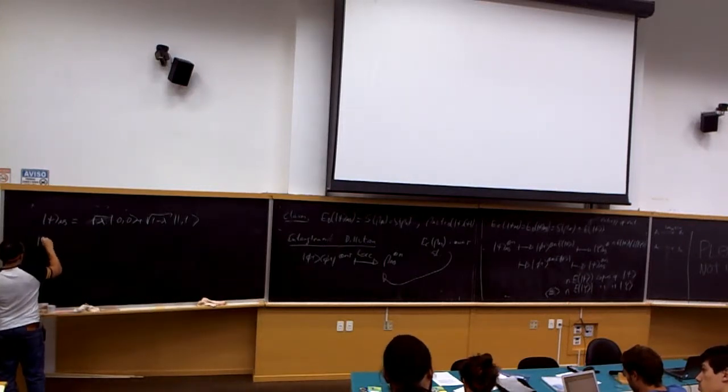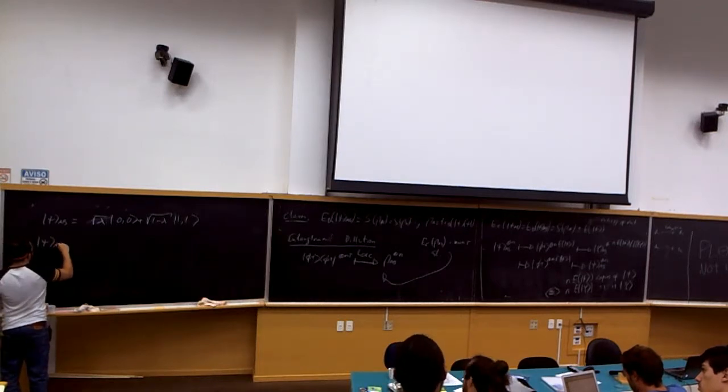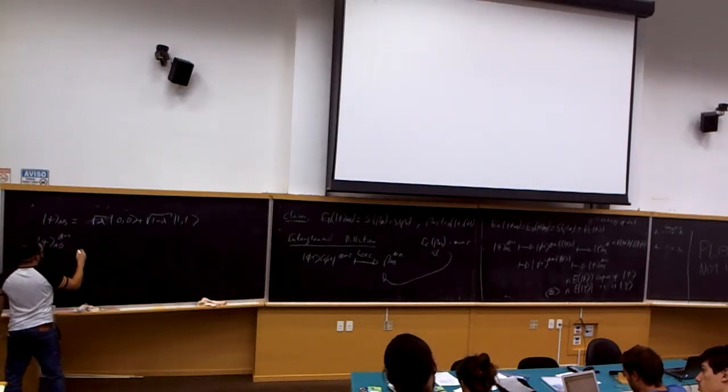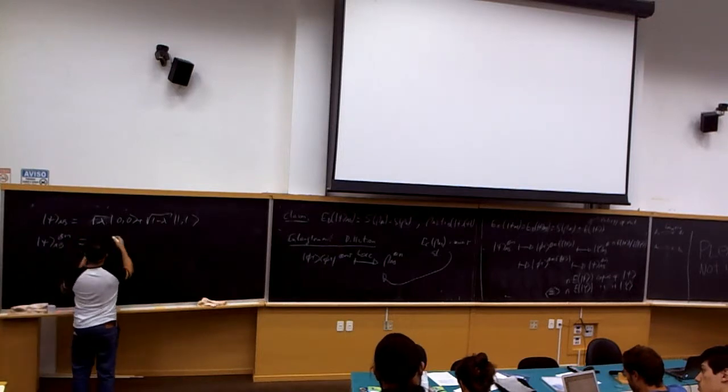So it means that we have many copies of it now, where we just have the tensor power of this.